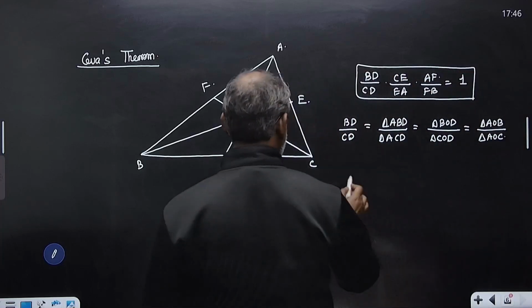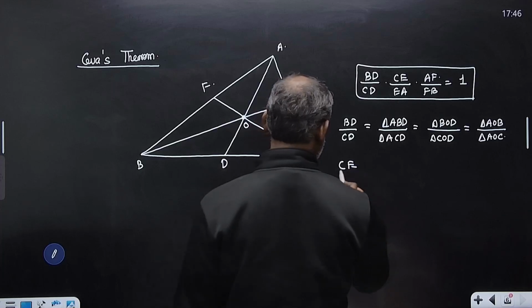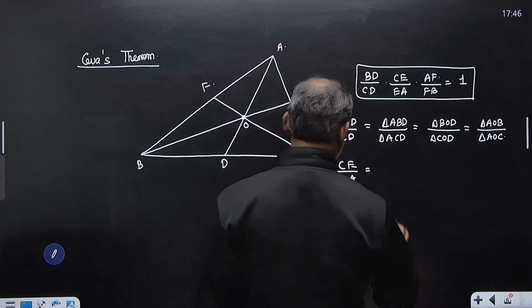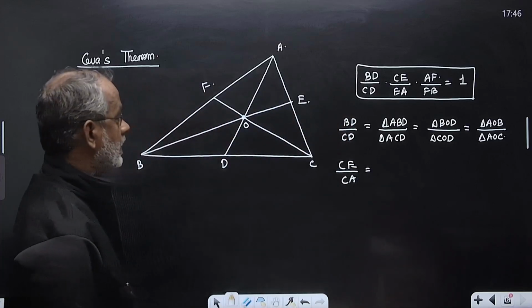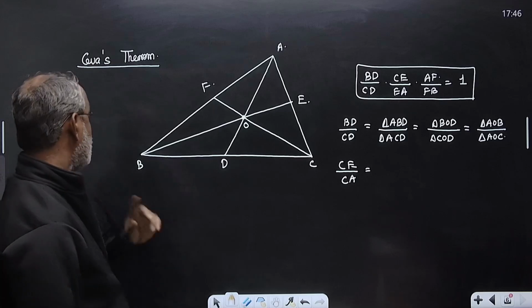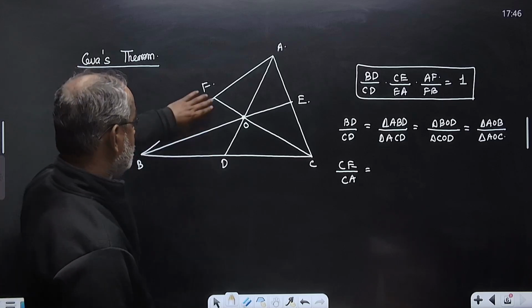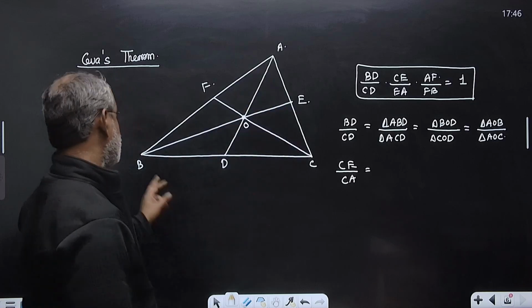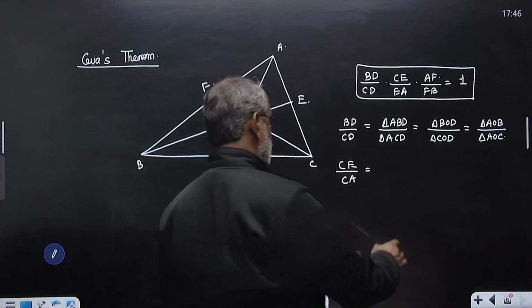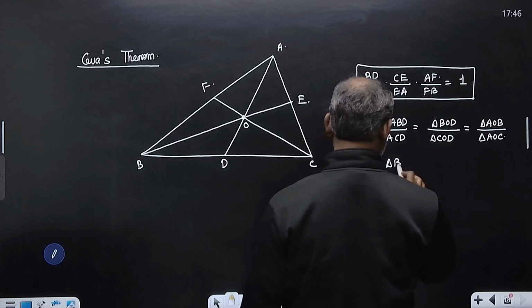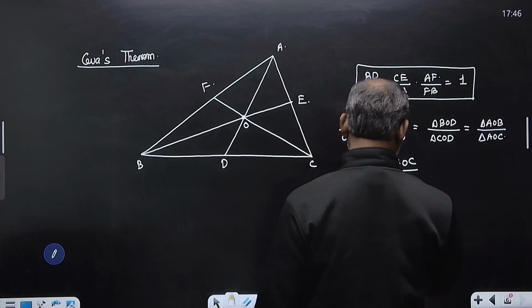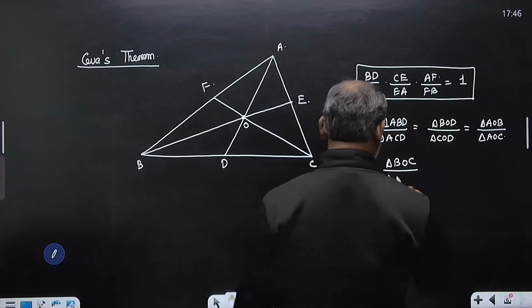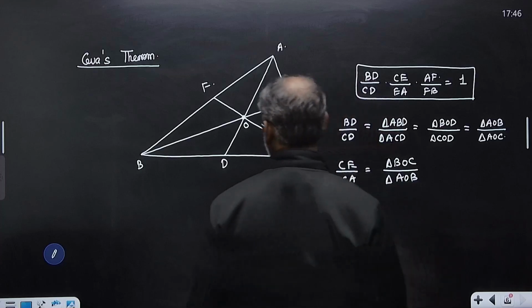Now, CE upon CA, you can similarly say, is area of triangle BOC upon area of triangle AOB, isn't it? Yes.